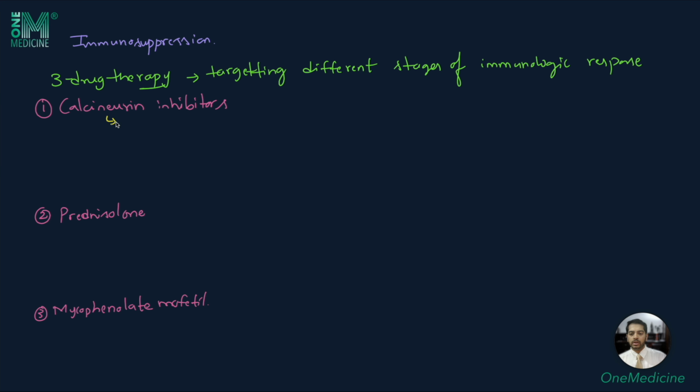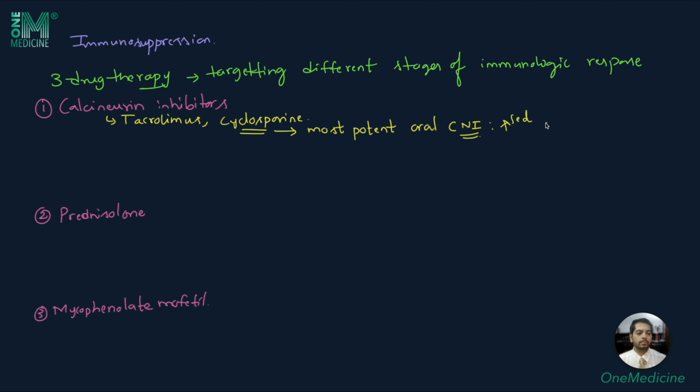Examples of calcineurin inhibitors include tacrolimus, cyclosporin. Cyclosporin is the most potent oral calcineurin inhibitor, and it has drastically improved the short-term survival.